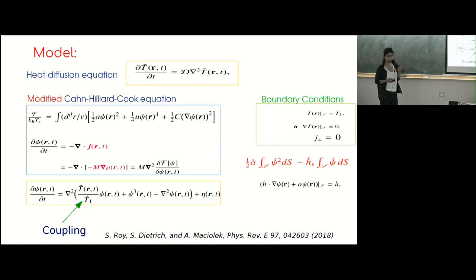Or in other words, how do we take care of the coupling between the temperature field and the concentration field? To do that, as a first order approximation, usually you have this constant term A here, but you just replace it by the temperature field. That's how the coupling comes into the picture.